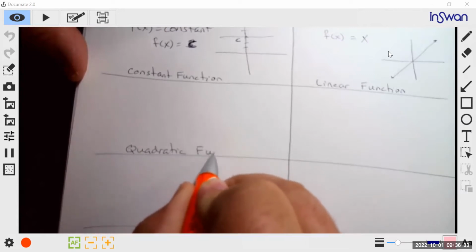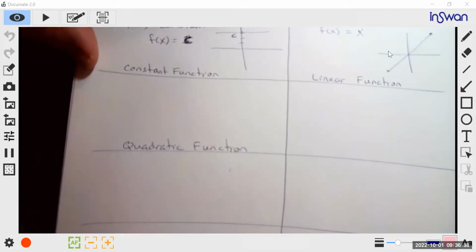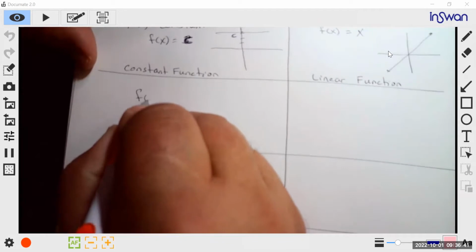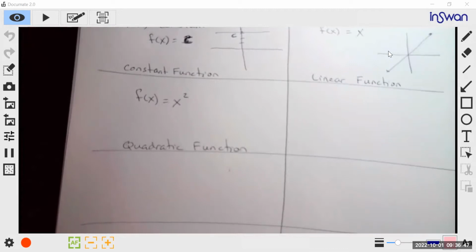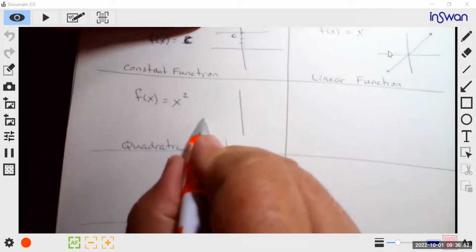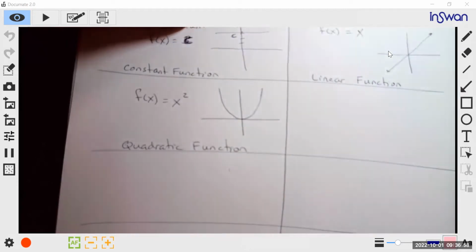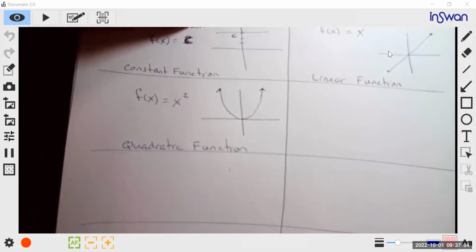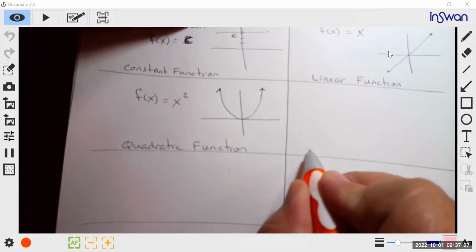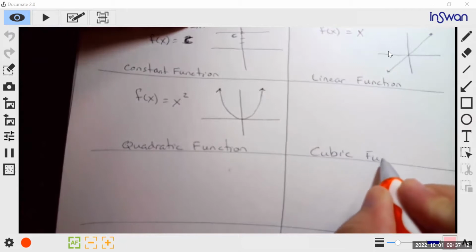The next one is a quadratic function. The next one's called a cubic function.